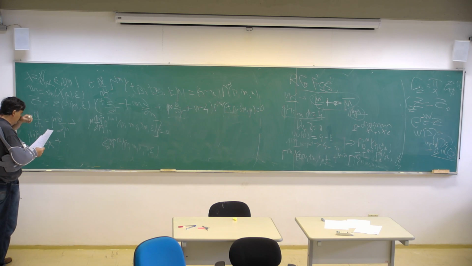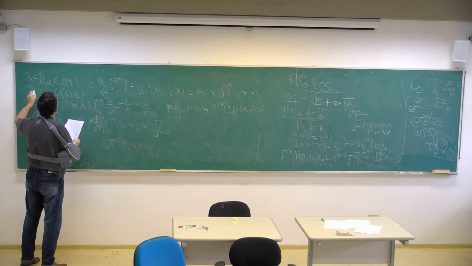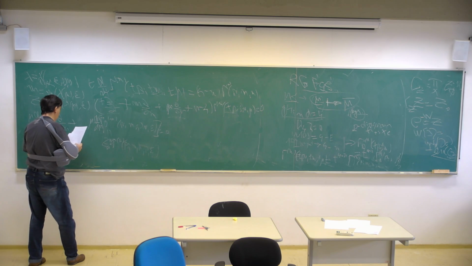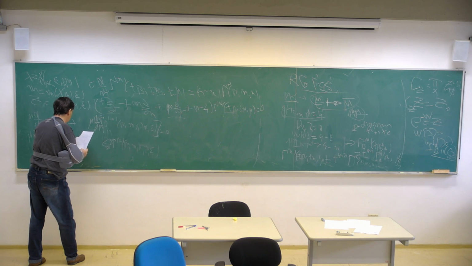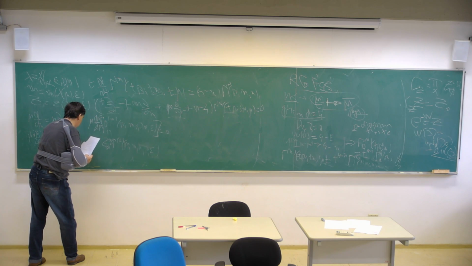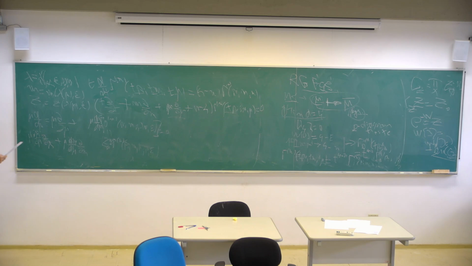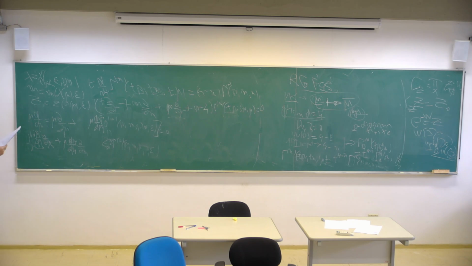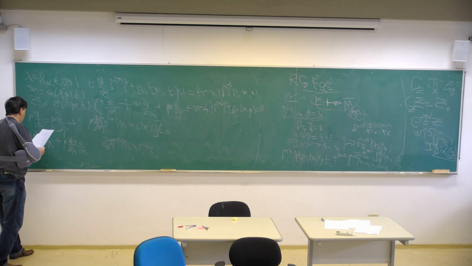And there is also a dependence on m. So now this object in here, I'll call the beta function.